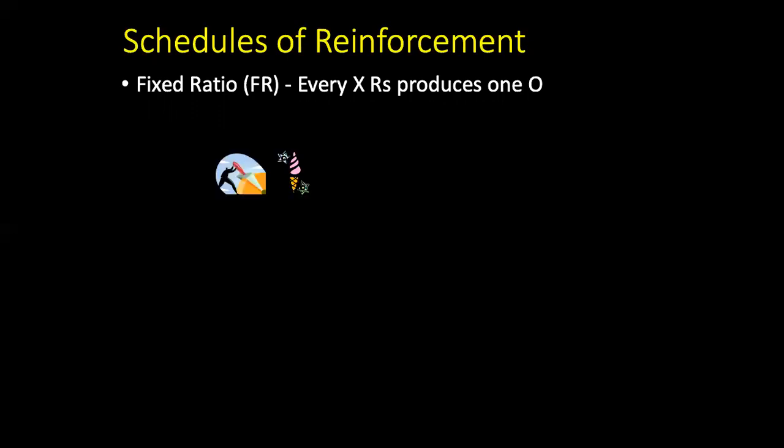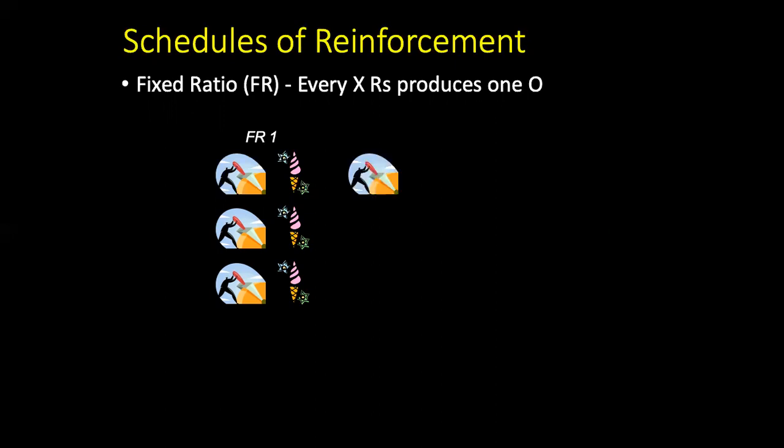So in this little cartoon here, this man pulls a lever, he gets an ice cream cone. Next time, pulls a lever, gets an ice cream cone. Pulls a lever, gets an ice cream cone. That's a fixed ratio of 1. Every single time they pull the lever, they get an ice cream cone, right? In this next scenario, one lever pull, nothing happens.